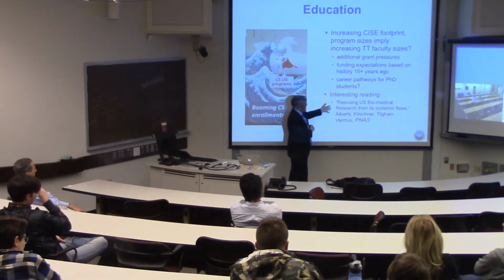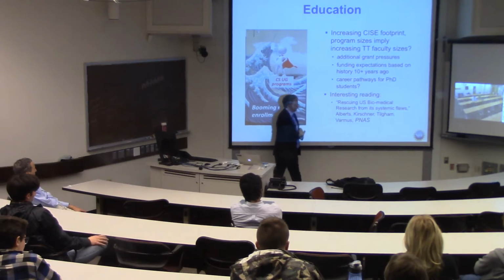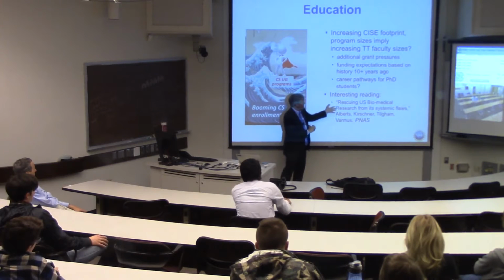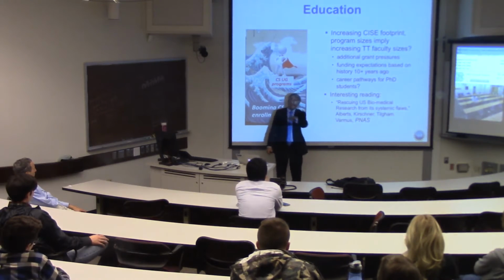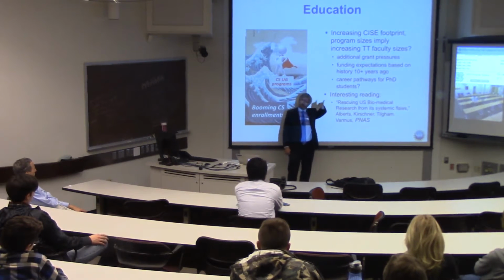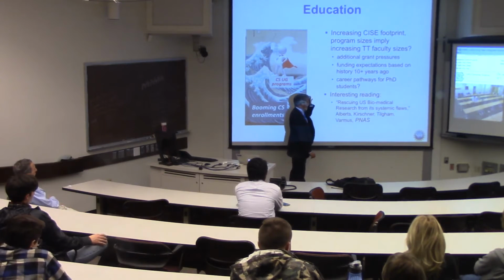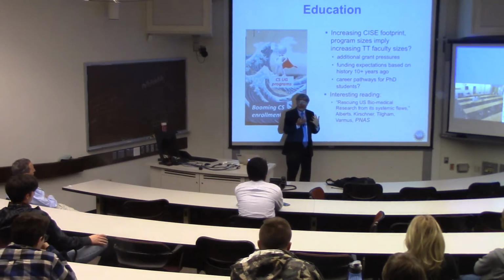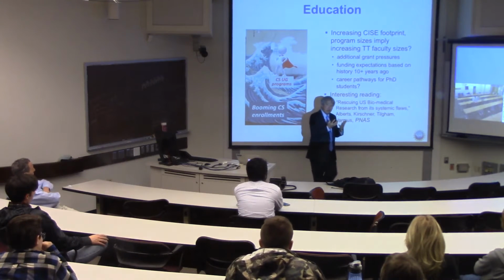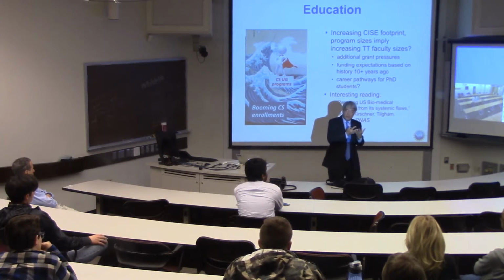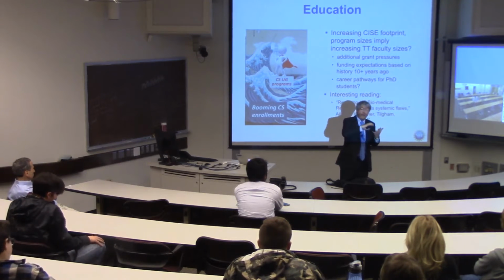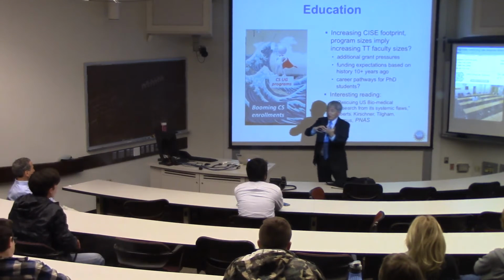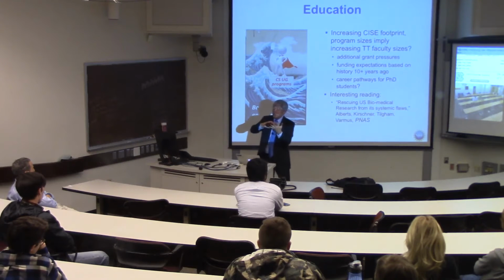So if you've ever got any time and you want to read something, this is a very readable article. It talked about what happened when the National Institutes of Health basically doubled its research budget, and many more people came into the field, and research got hyper competitive. The average age of a faculty member when they get their first R01 grant, a basic NIH grant, is now over 42 years old.